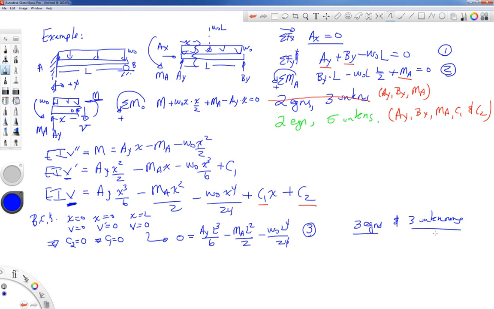There is some algebra involved. I want to solve those equations for AY and BY and MA, and I want to get those in terms of the applied load and the length of the beam.